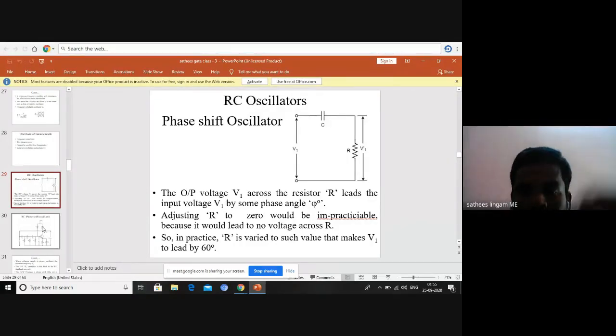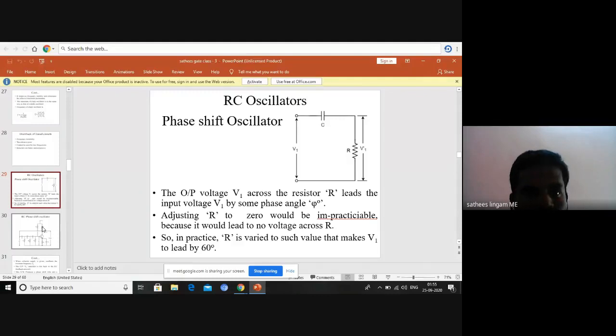These are input-output relations, nothing else. If you receive a 180-degree phase shift from the feedback, then after the amplification the output should be in phase in the generated oscillator circuitry.